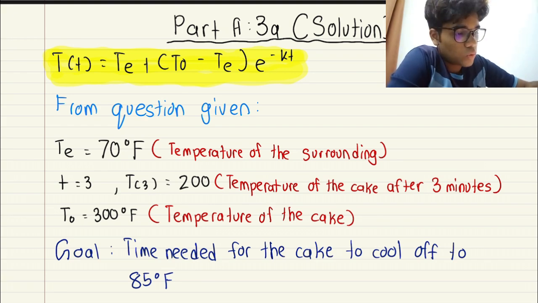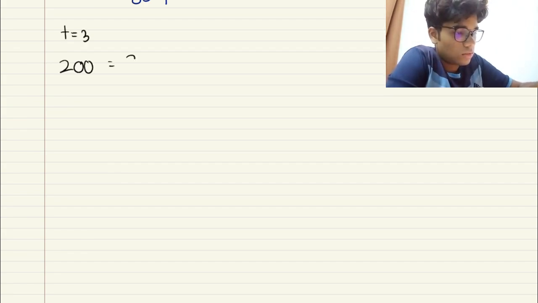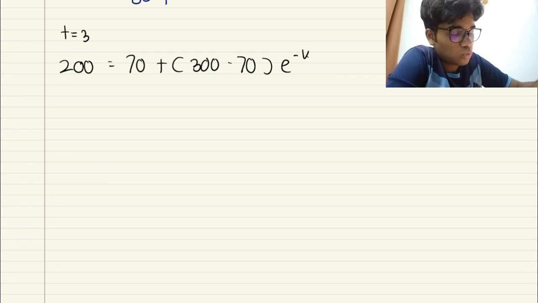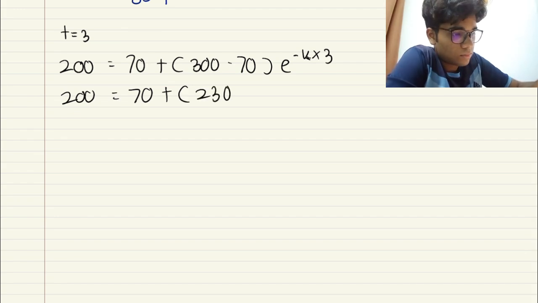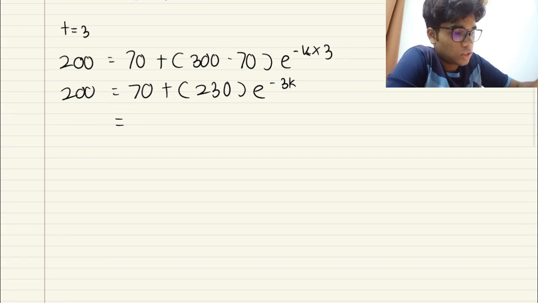In order to solve this question, we first have to find the value of K. From the given time, t equals 3, 200 equals 70 plus (300 minus 70) multiplied by e to the power of negative 3K.